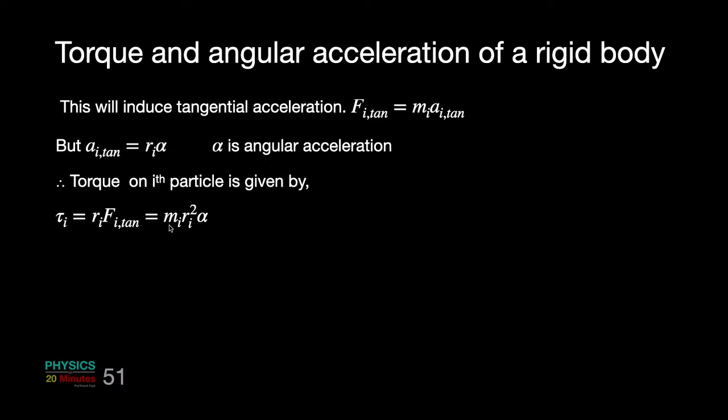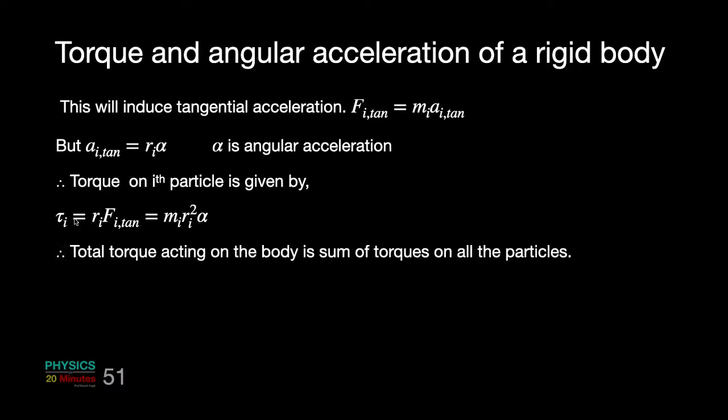So if you substitute, you get m r square alpha, written for the ith particle. Remember, for different particles, mass can be different, r can be different, but alpha will remain the same for all of them. Because if alpha doesn't remain the same for all of them, it will no longer be a rigid body.